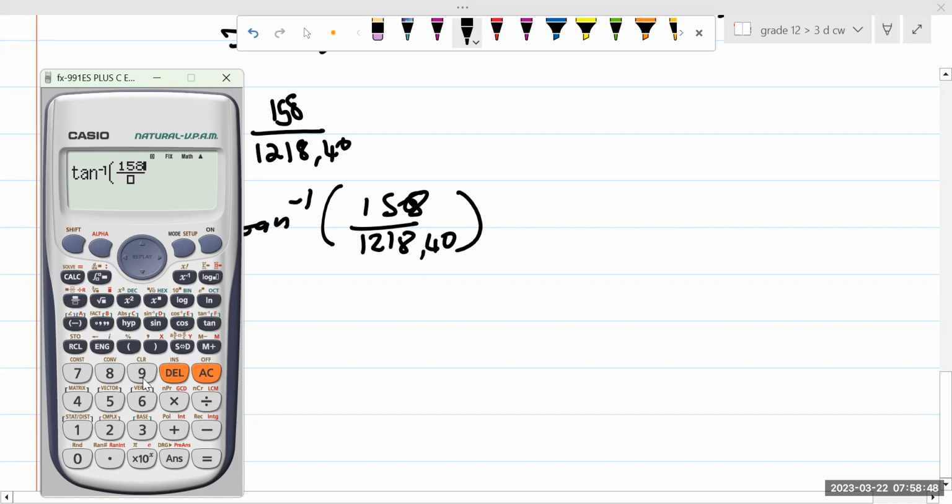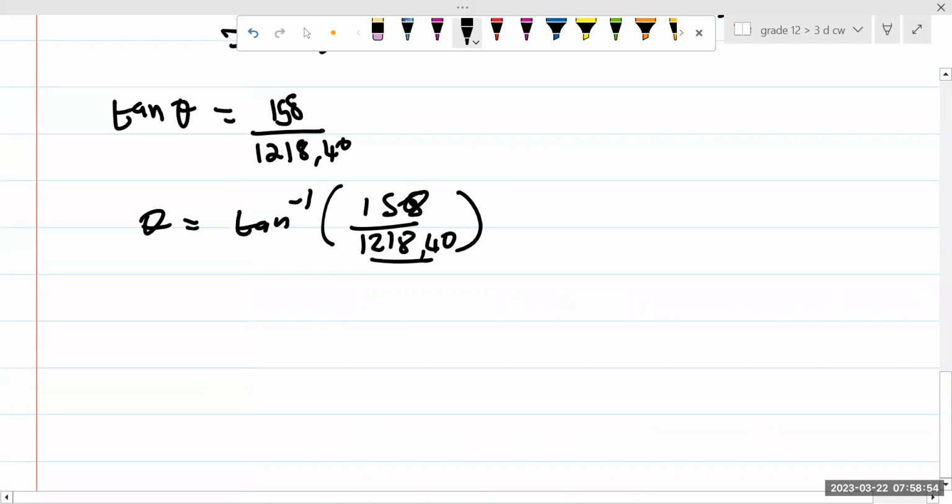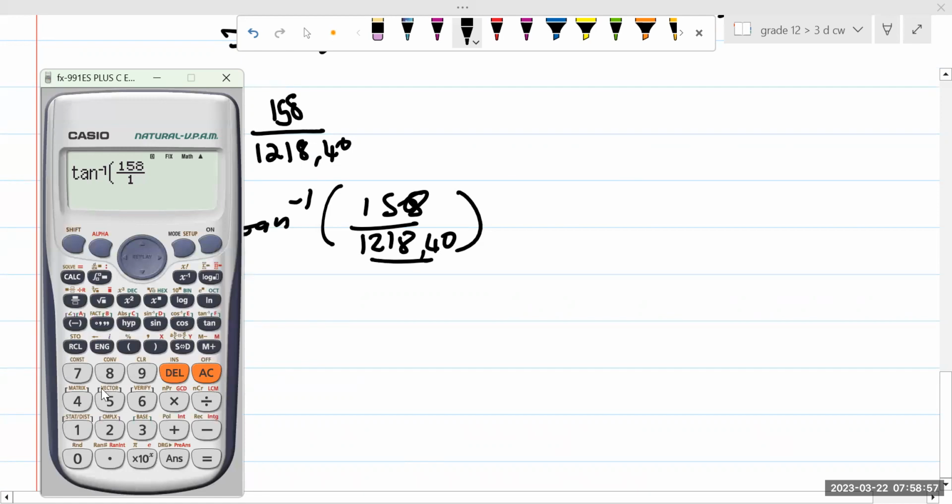I have 158. Now I can't use the answer because you saw the previous answer, so I need to write this exactly the way it is: 1,218.40, close the bigger bracket.